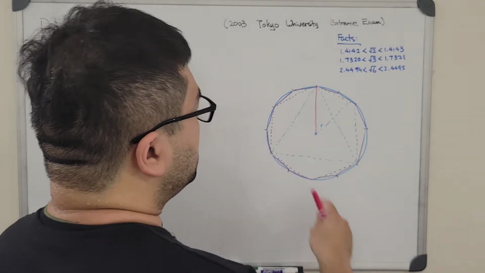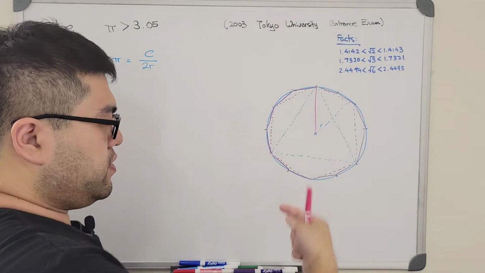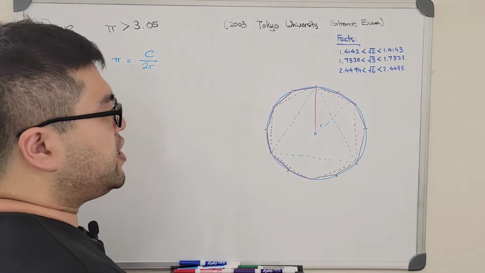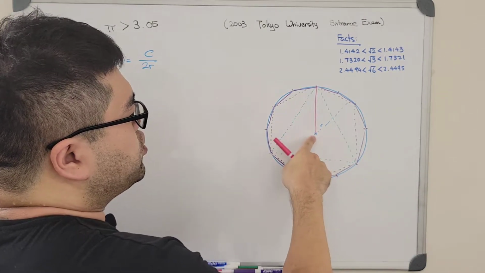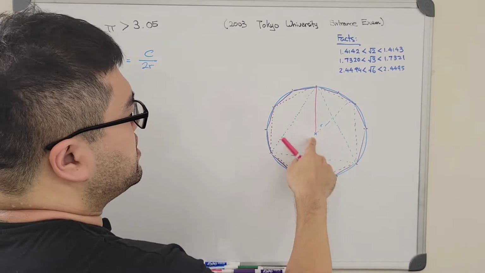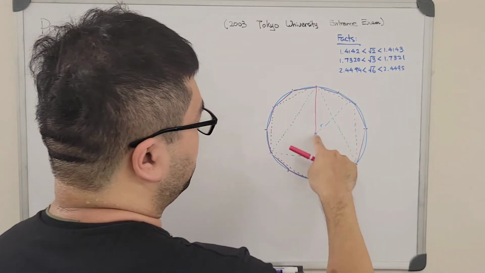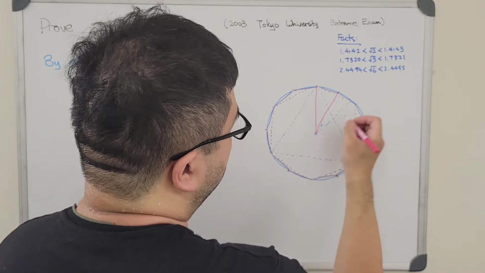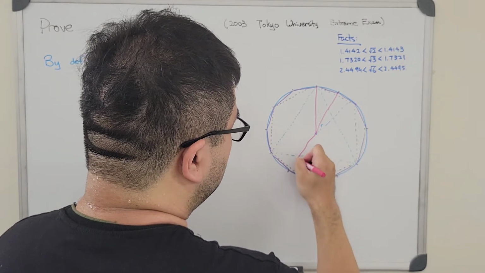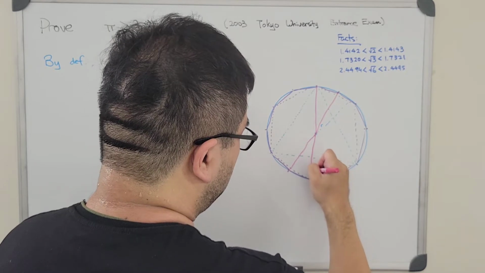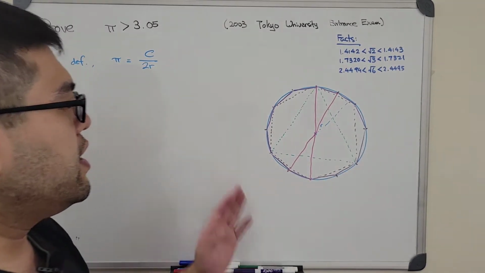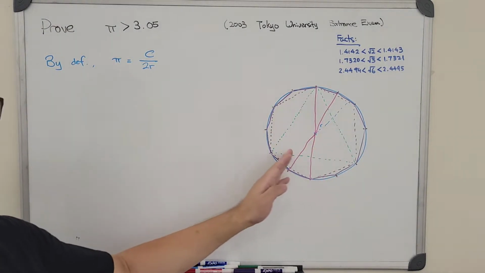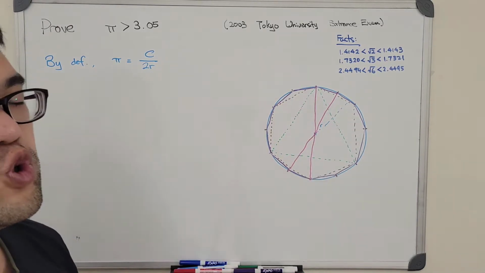And more importantly, we have a regular polygon, meaning that if we draw the lines from the center to the vertices, right here, here, and so on, we will divide up this polygon evenly and get exactly that many triangles.